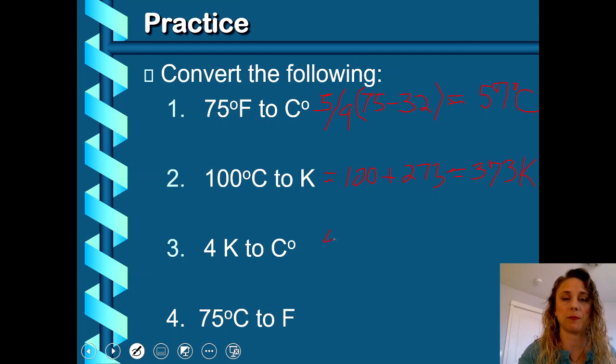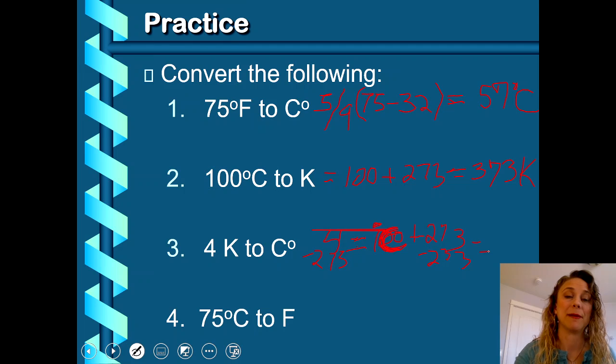So, you like doing your little equations. Kelvin equals Celsius plus 273, or you can realize that you're going to be taking 4 minus 273. Let me subtract 273. I said 100. That's supposed to be Celsius right there. There we go. So we're going to get negative 269.